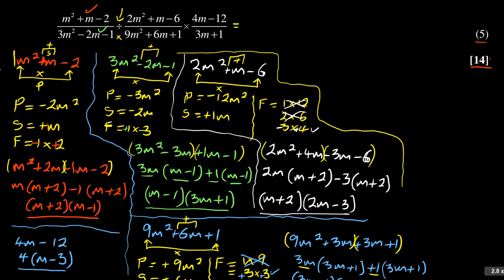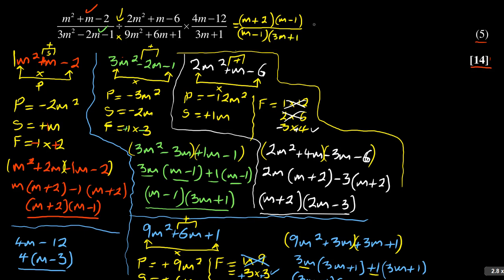So now if I can write all this together, I'm going to have the first one. Remember, it became m plus 2, and then m minus 1, and then divided by the second one, which is 3m squared minus 2m minus 1. It became m minus 1, and it was multiplied by 3m plus 1.